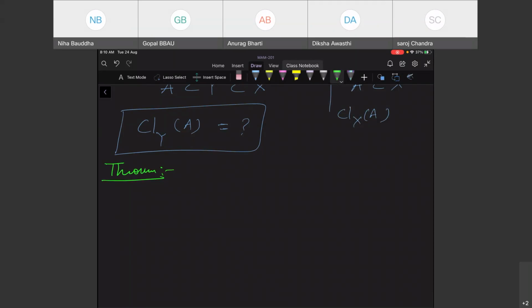Okay, our next theorem is a result where we see closure in subspace topology.